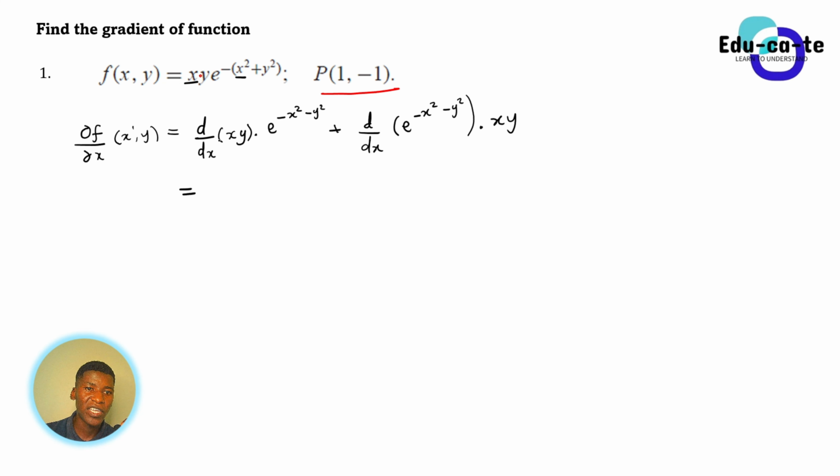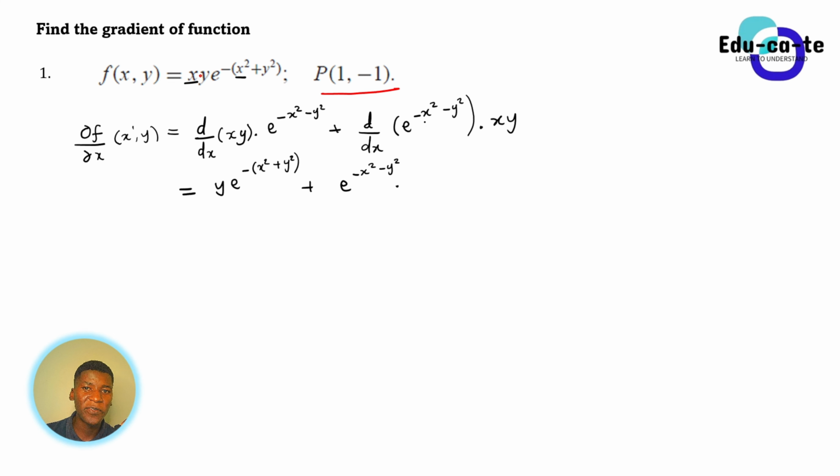In this case, differentiating xy in terms of x will remain with y, and then this is e to the power of negative x squared plus y squared. It's fine, there was no need for that distribution. So now this is plus: if we differentiate this, it is a natural exponential function, so we'll just rewrite e to the power of negative x squared minus y squared exactly as it is.